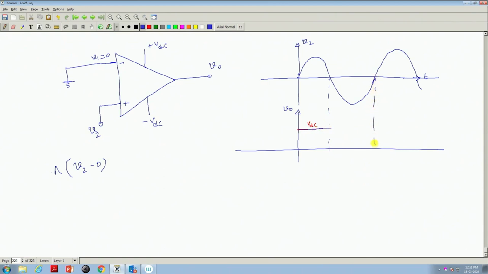And during this zone, V1 is 0 and V2 is negative, is it not? Therefore, it will be a negative excursion. So, this output voltage will be like this.